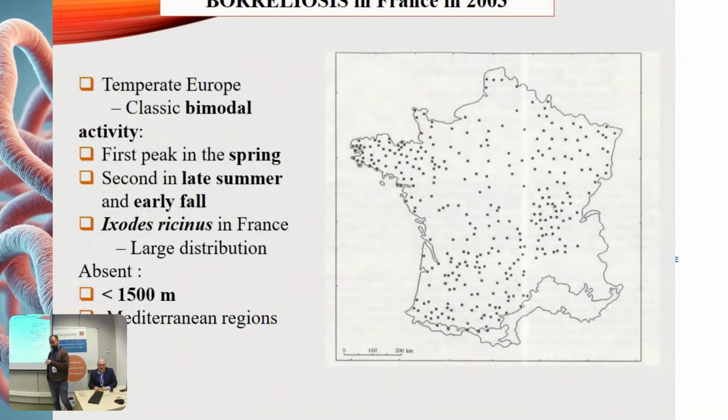This slide is only to say that in 2003 in France, we said the tick Ixodes was only in a lot of regions of France, but not in the Mediterranean region, because of temperature, as you said.